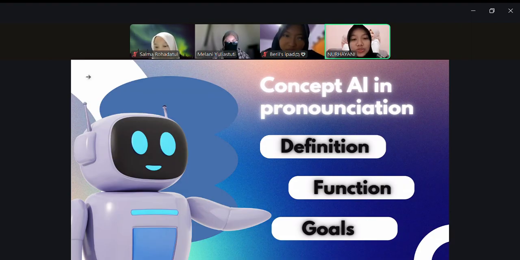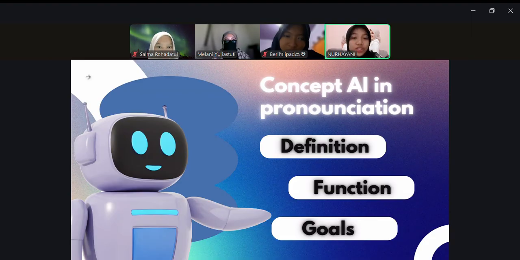And the last one is the goals. The main goals of using AI in pronunciation are to improve learners' accuracy, intelligibility, and fluency. While native-like pronunciation may not be realistic for all learners, AI tools help them achieve comprehensibility so that they can be easily understood by others.